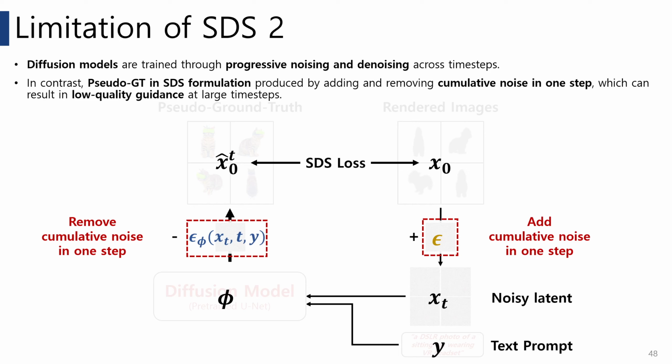Second, diffusion models are trained with a progressive noising and denoising process across time steps. However, in the SDS formulation, the pseudo-ground truth is generated by adding and removing cumulative noise in a single step. This approach can lead to low-quality guidance, especially at large time steps.